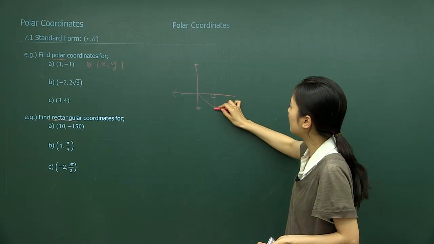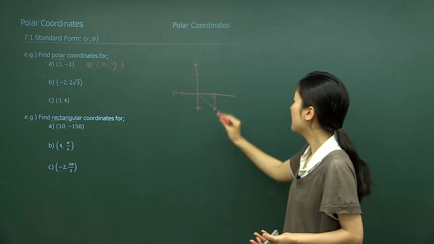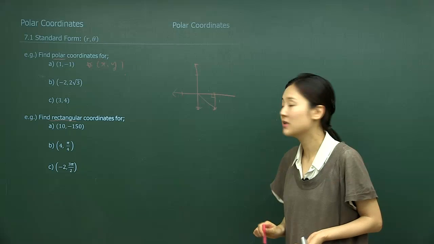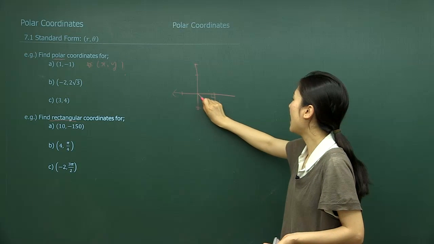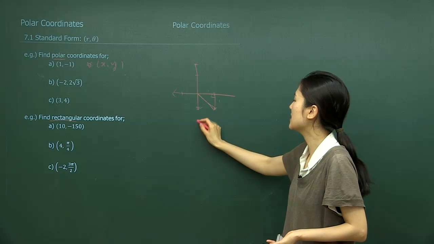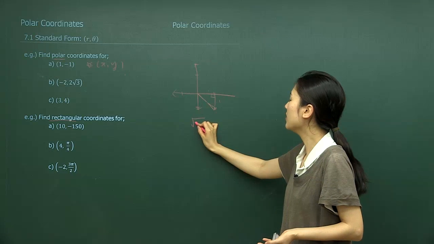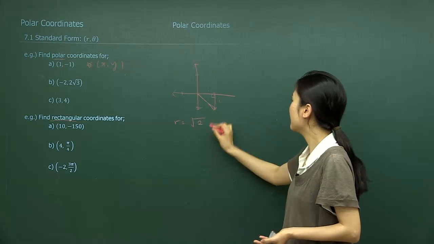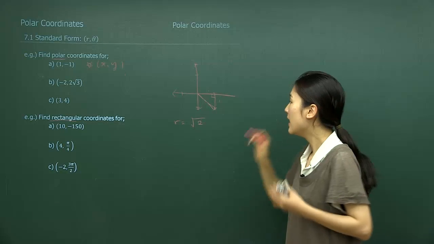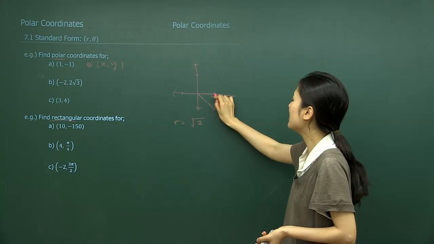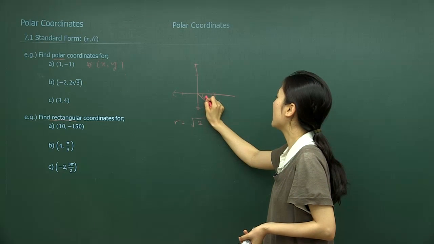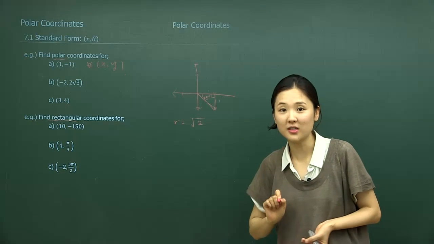Always connect the point to the x-axis. Then use the x and the y as the two legs. So technically, the hypotenuse, right, is obviously square root of 1 squared plus 1 squared, hence square root of 2. That's your r. Now, what is the angle? As you can see, this is an isosceles right angle triangle. So we do know that the angle right here should be 45 degrees.